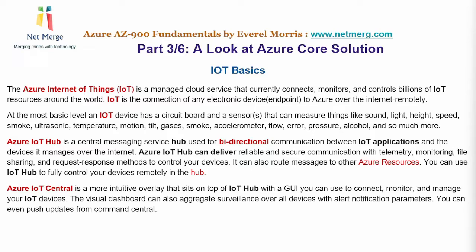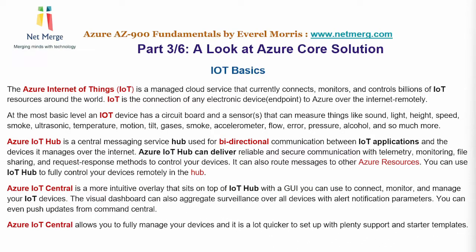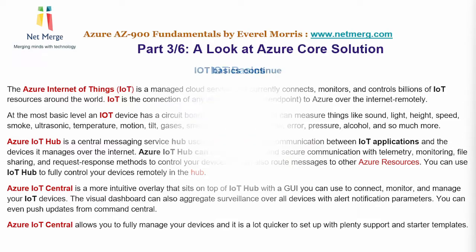So things like your smoke detector, your cameras with sensors, your infrared sensors, your motion sensors, these are more critical or need more elevated control. You could use IoT Central and you get a graphical user interface. IoT Central allows you to fully manage the device, and it is a lot quicker to set up and use, with plenty of support.